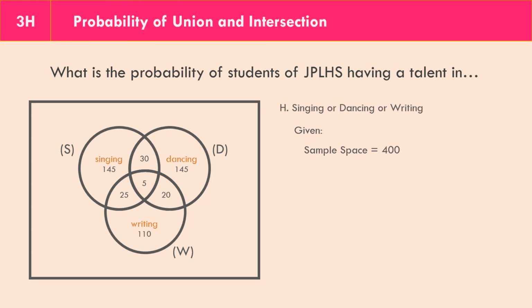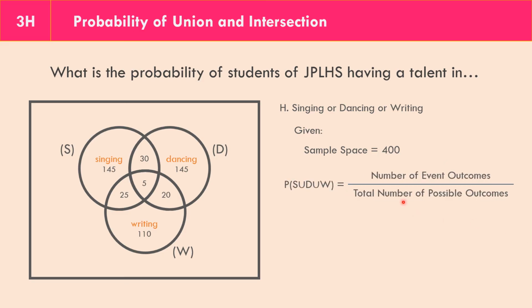How about letter H? What is the probability of students of JPLHS having a talent in singing, or dancing, or writing? The sample space is equal to 400. So what is now the formula? So let us get the number of event outcomes all over total number of possible outcomes.